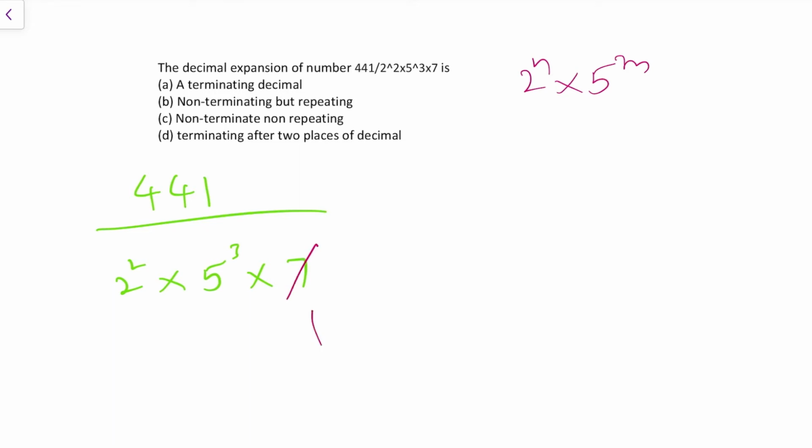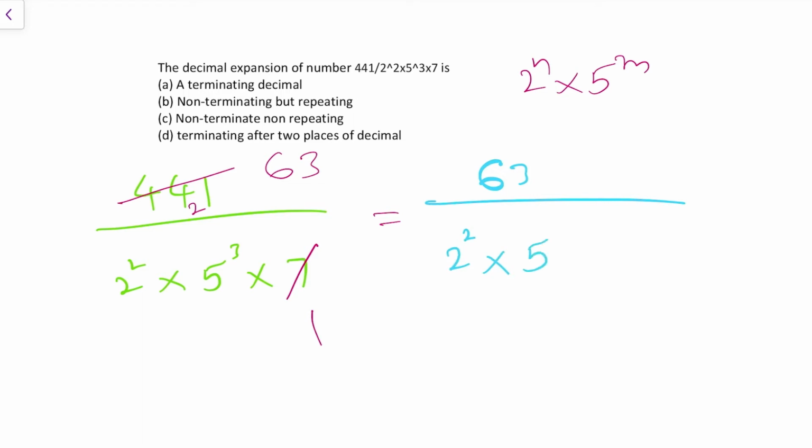So here 7 ones are 7, 7 6s are 42. From 44, 42 completed means 2 will remain, then it becomes 21. 7 3s are 21. Now after simplification, I got the number 63 by 2 square into 5 power 3. As I already said, to check whether it has a terminating decimal or non-terminating type of decimal, we need not worry about the numerator at all.